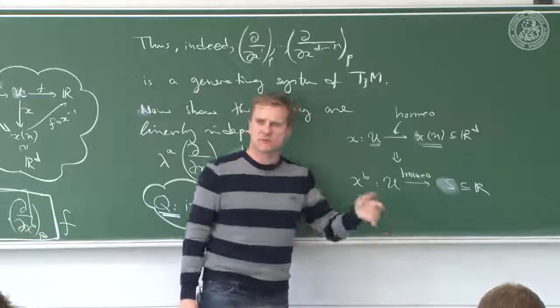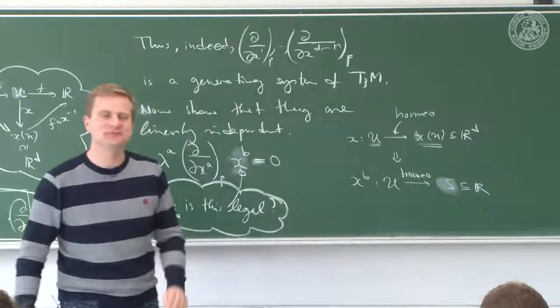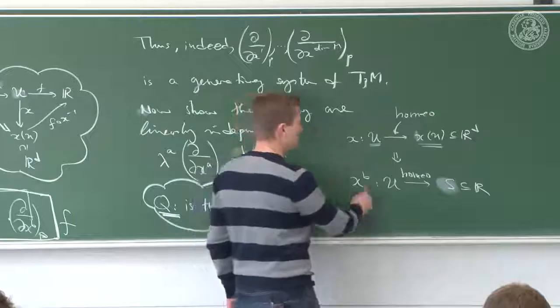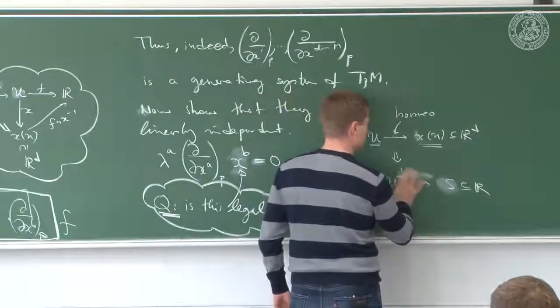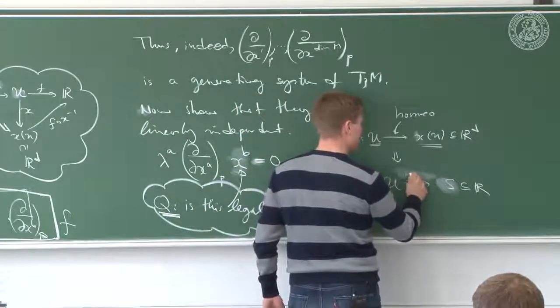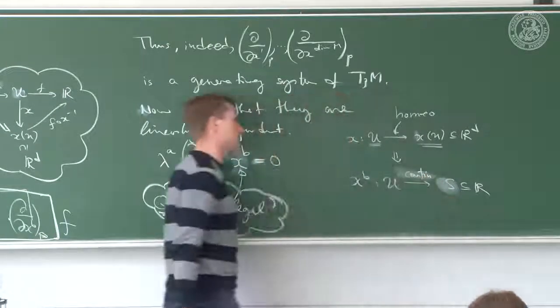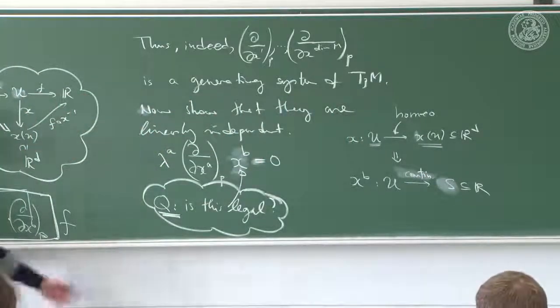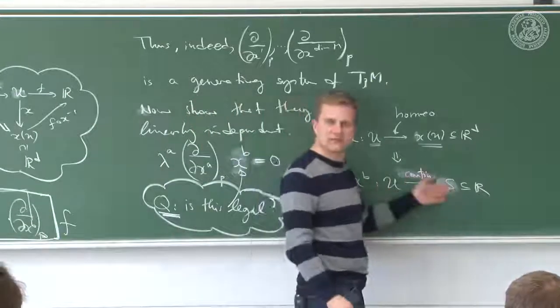I think the last problem on the last problem sheet kind of used that too. Okay, so we have these. No, homeo can't be true. I'm sorry, this is not homeo, this is continuous. That's certainly true. It's continuous, right? Can't be homeo because this is higher dimensional than this, but it's continuous.